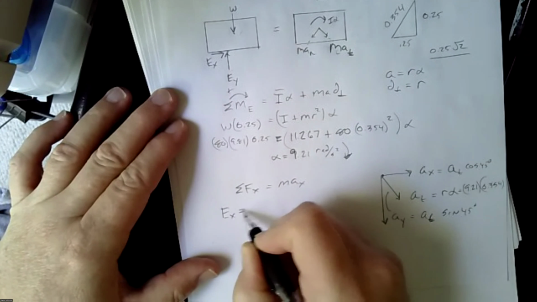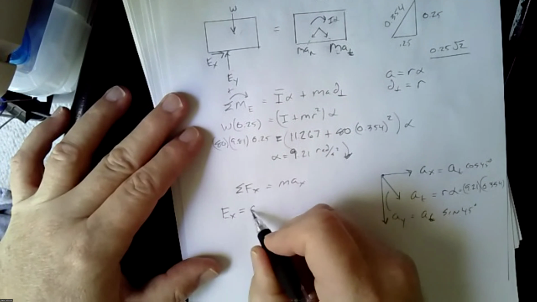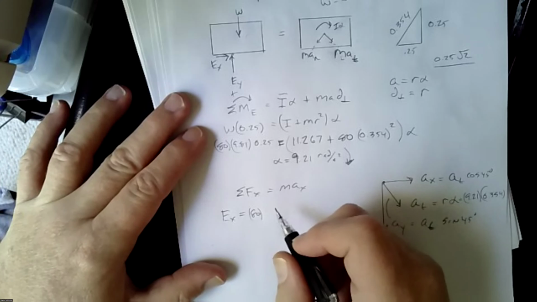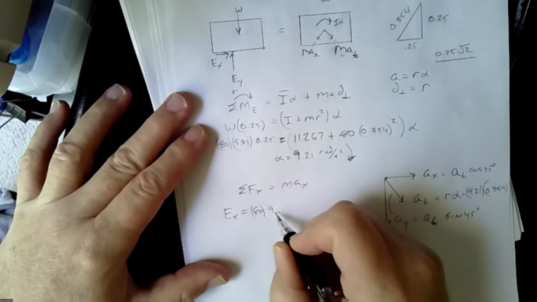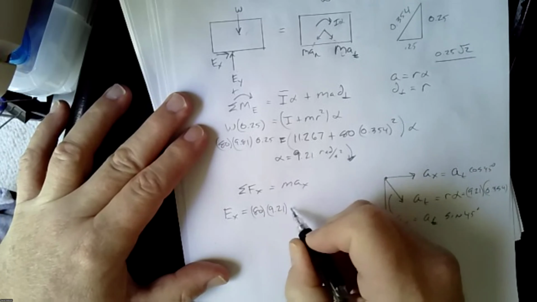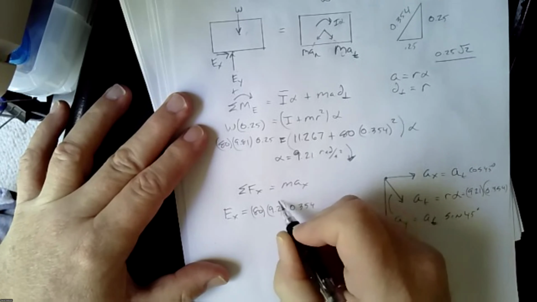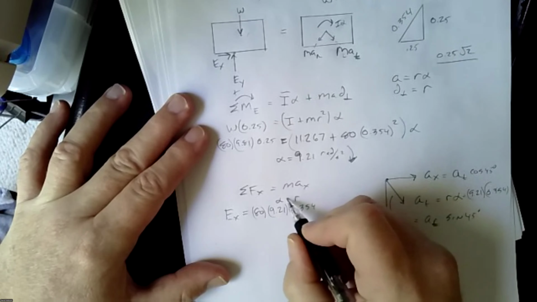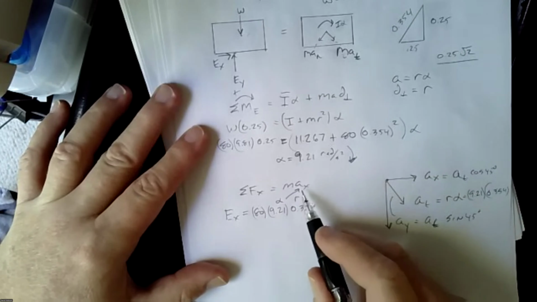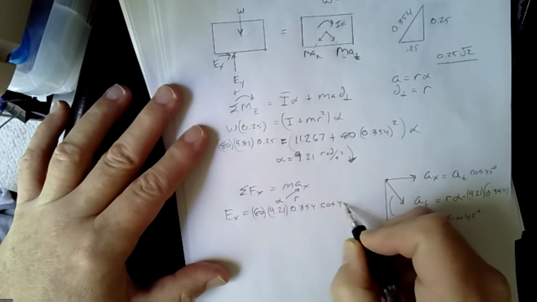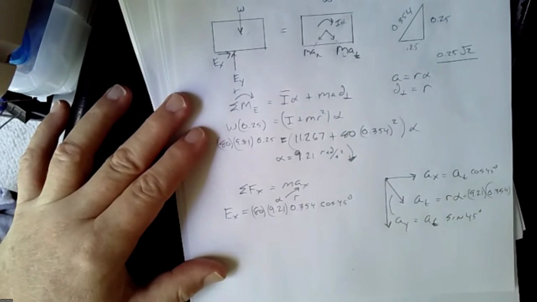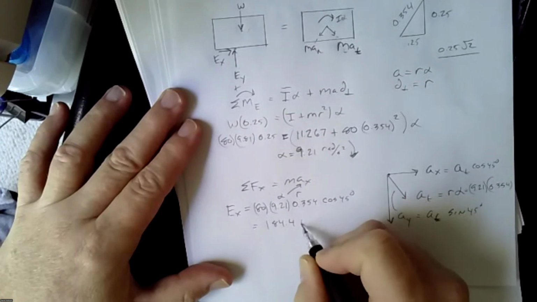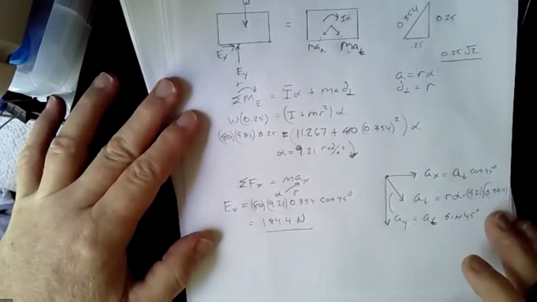So EX equals the mass times, not gravity, sorry, times the 9.21 times 0.354. So that's our alpha times r, right? But in order to get that, we also have to multiply by cosine 45 degrees. So when all the smoke clears, we get 184.4 newtons. Okay, and there's our answer.